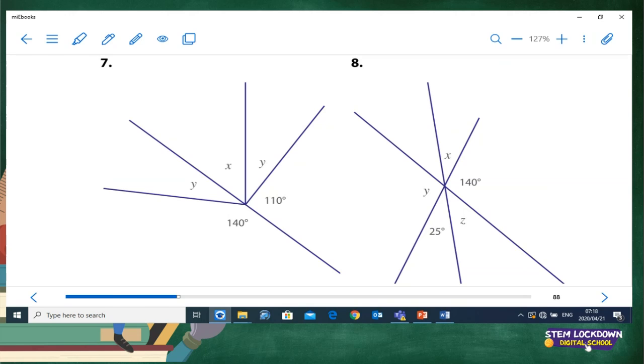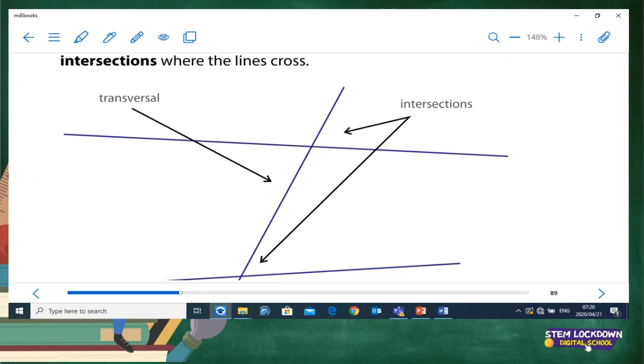Now, I would have wanted to give you an activity, but before we get there, we need to look at intersections. Where two lines meet, we call that an intersection. That is where the two lines meet. Just like the streets, where the streets meet.